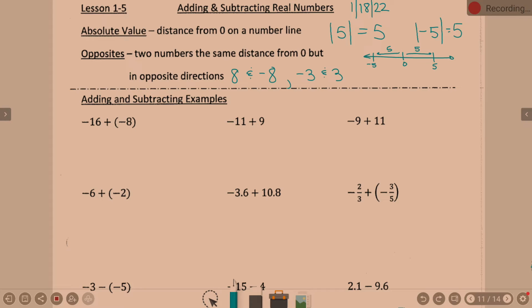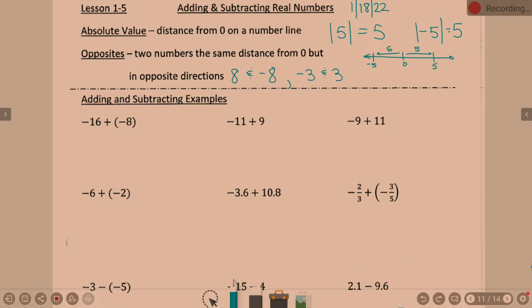Now, let's look at some of these adding and subtracting examples. And I don't know if you've ever seen a handout like this or not. I've used this before when I've taught Algebra 1 or sometimes in some of my middle school math classes. But maybe it can help you with some of these rules if you struggle with them. If you don't struggle with them, then maybe you don't need the handout. As we look at negative 16 plus negative 8, do you know how to add a negative plus a negative?